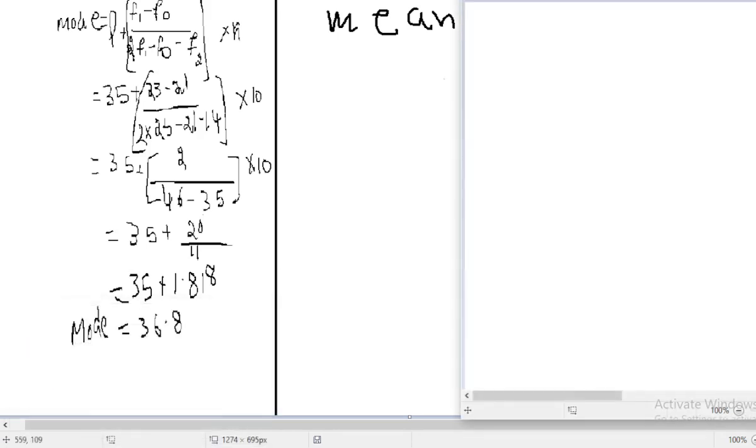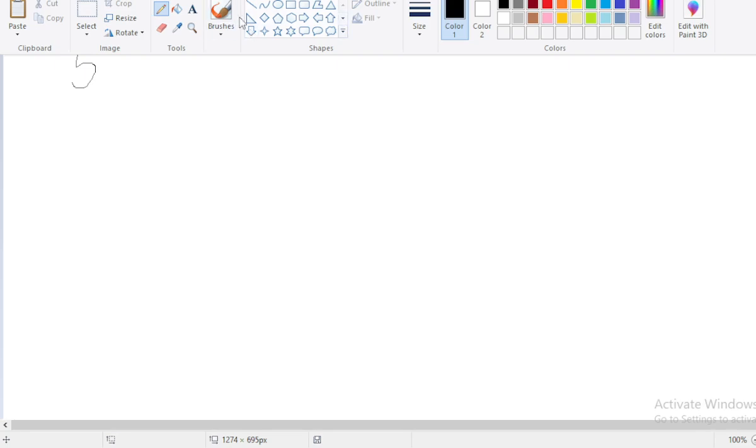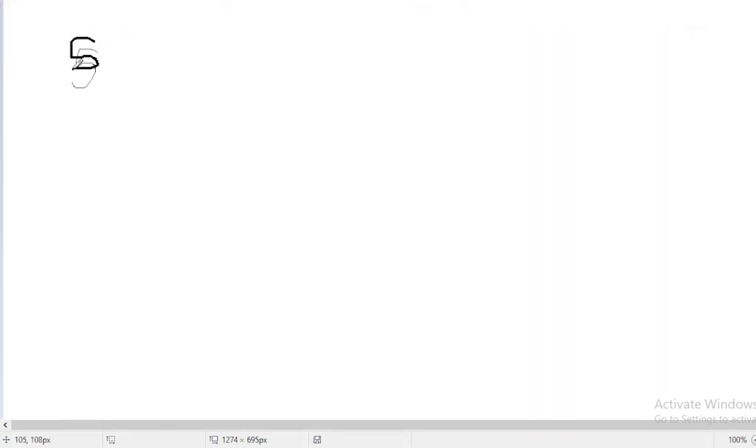How to find the midpoints? Please observe here. To find the midpoints, take the first class interval, 5 and 15, the lower boundary and upper boundary of the first class, divided by 2, which means taking the average of the lower boundary and upper boundary.